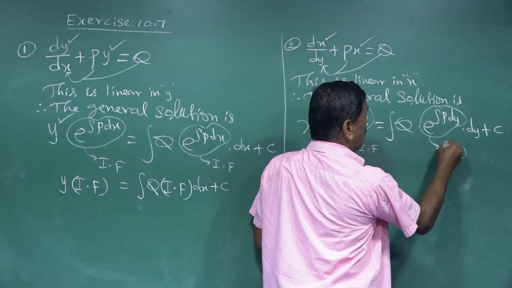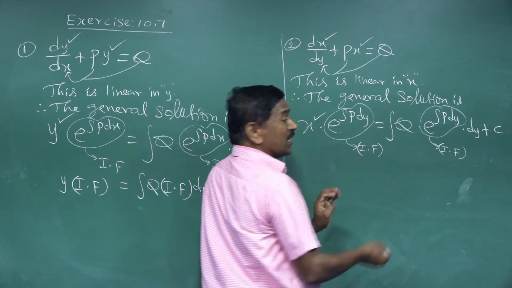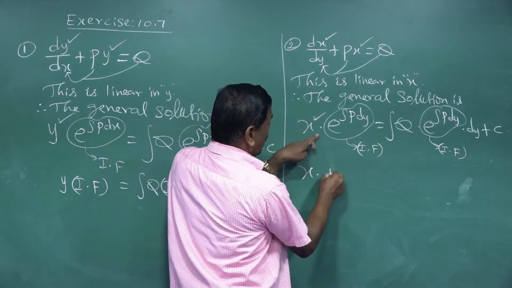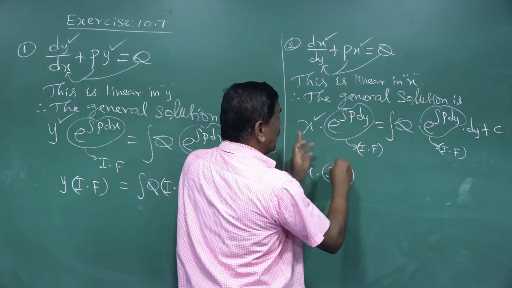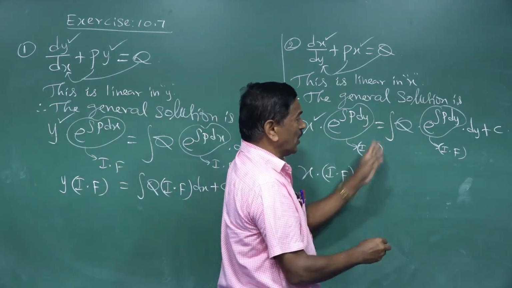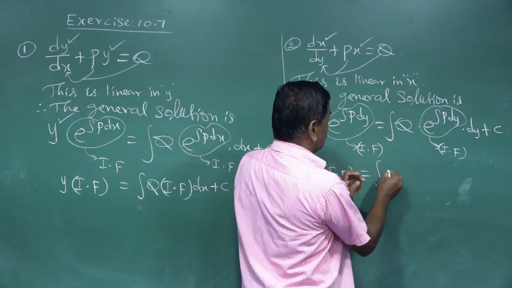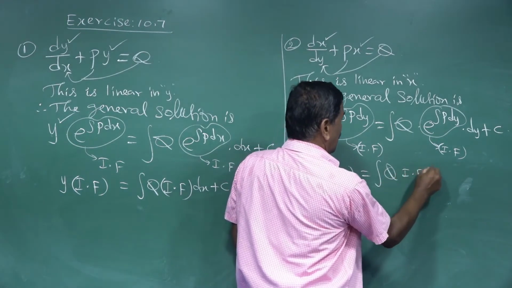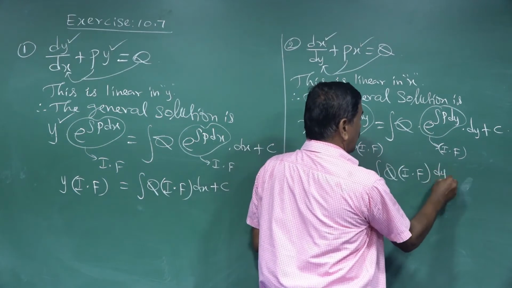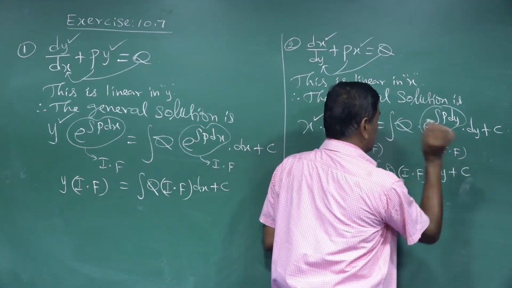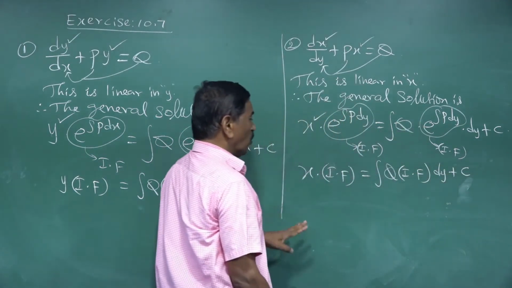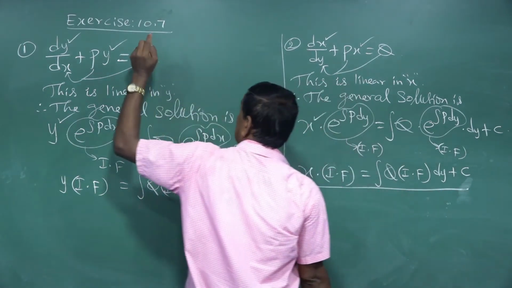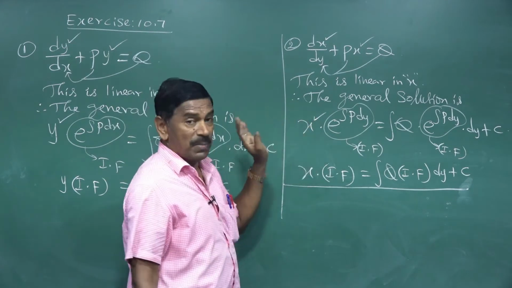So this solution can be rewritten as x into integrating factor, which is equal to integral q into integrating factor into dy plus constant c. That's the answer.